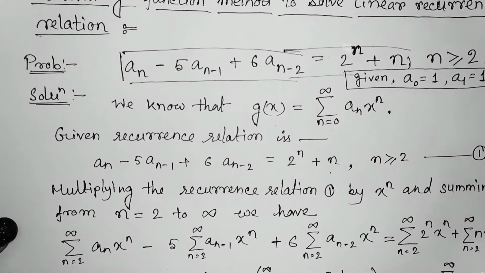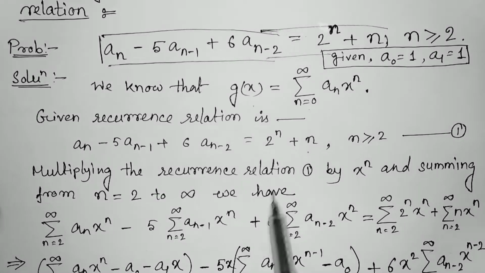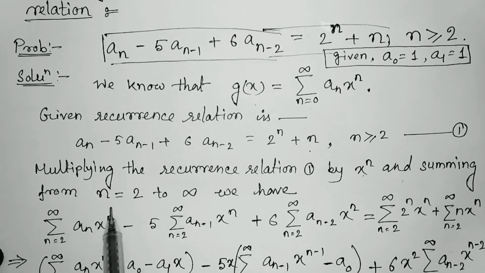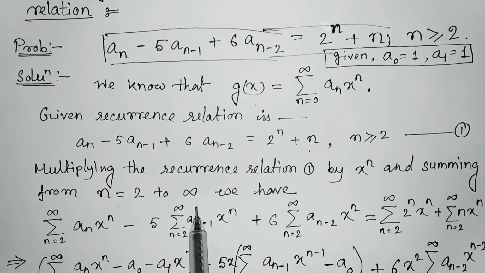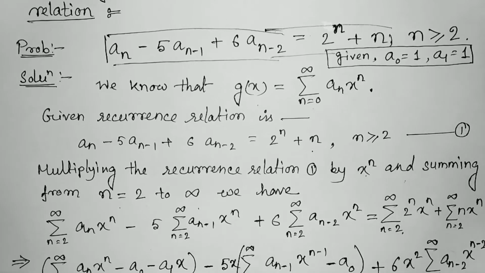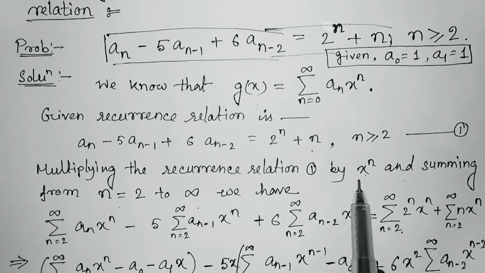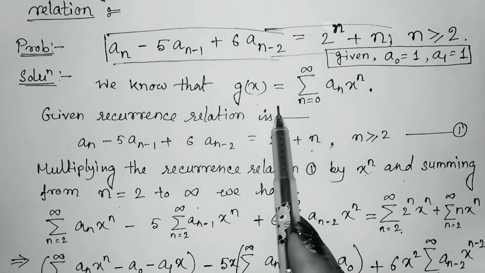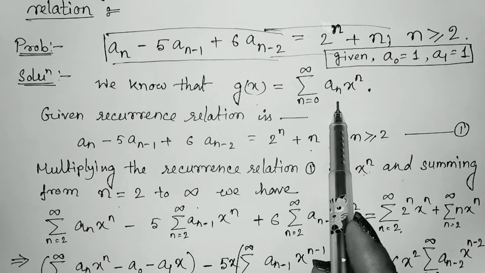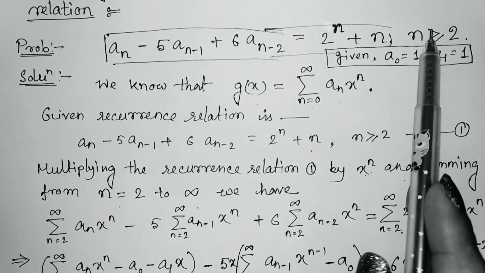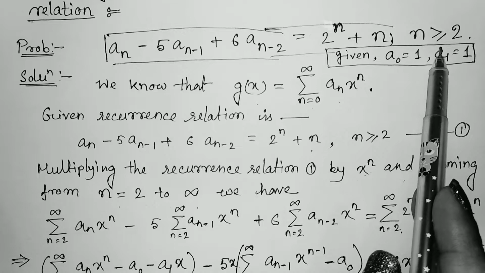Now multiply the recurrence relation 1 by x to the power n, and sum from n equals 2 to infinity, and we have this one. We multiply by x to the power n because we want this type of function, and we sum from 2 to infinity because it is given that n is greater than or equal to 2.